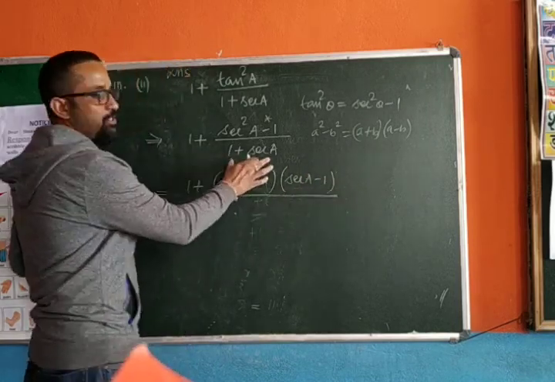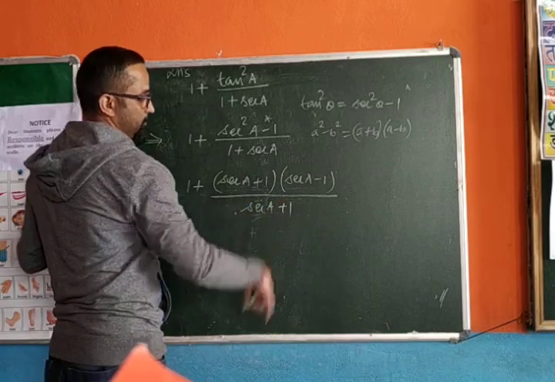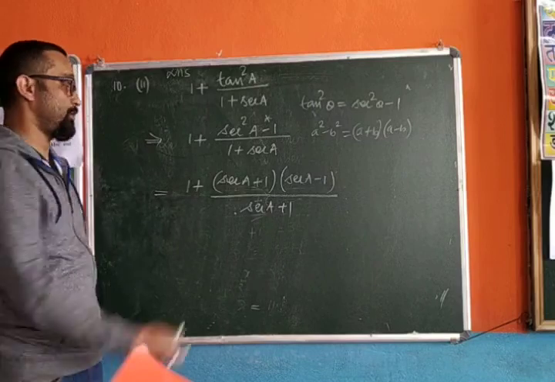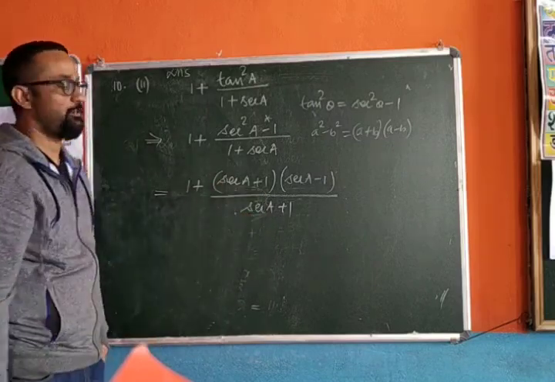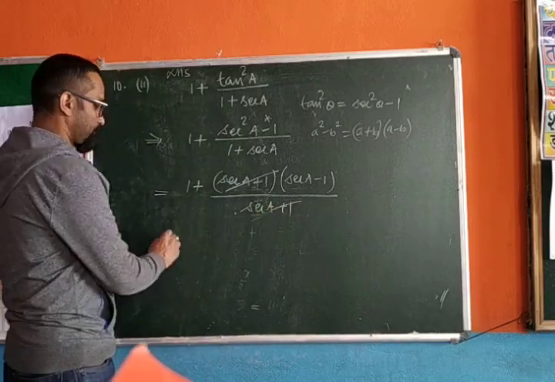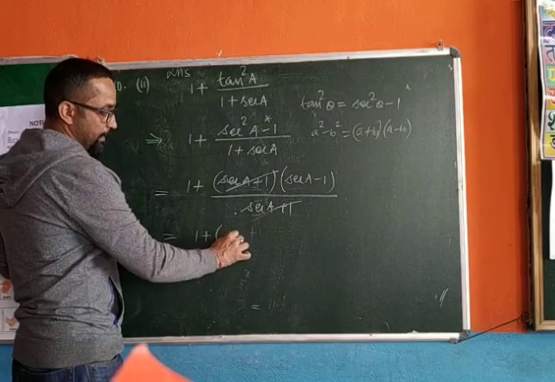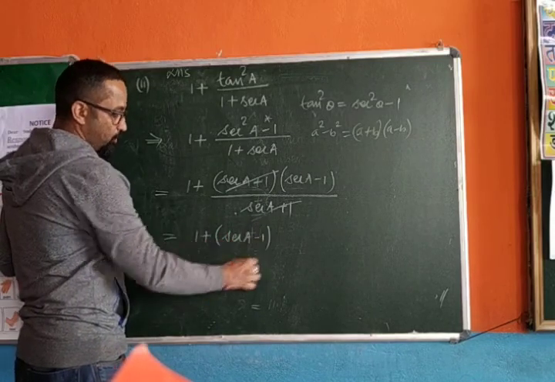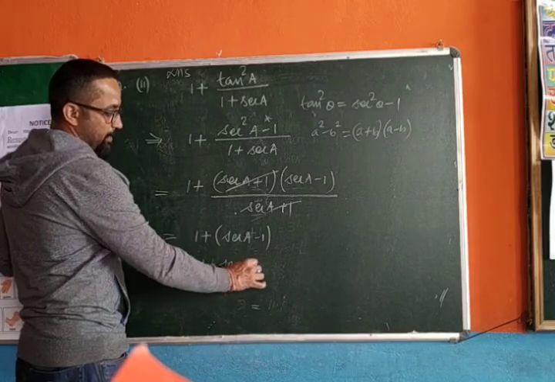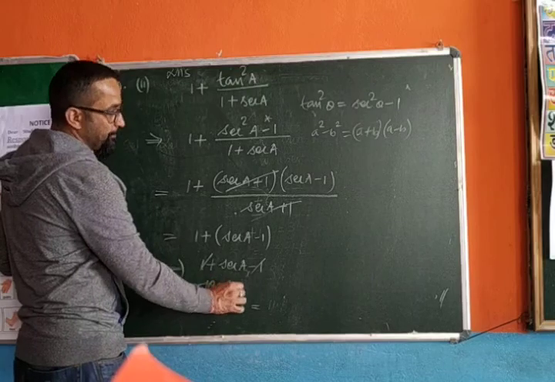And I'll arrange this denominator with plus sign, sec a plus 1. With minus you cannot, but with plus you can write any order. Numerator and denominator cancel. You are left with 1 plus sec a minus 1, open the bracket, 1 plus sec a minus 1, minus plus cancels, which is equal to sec a.